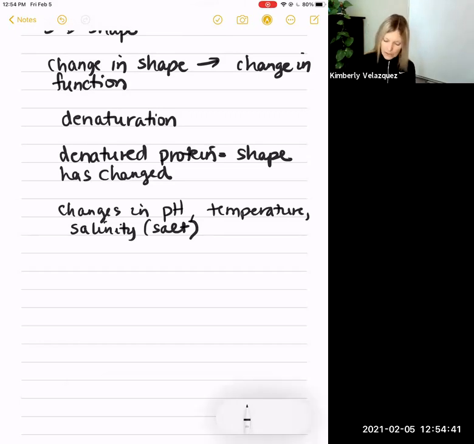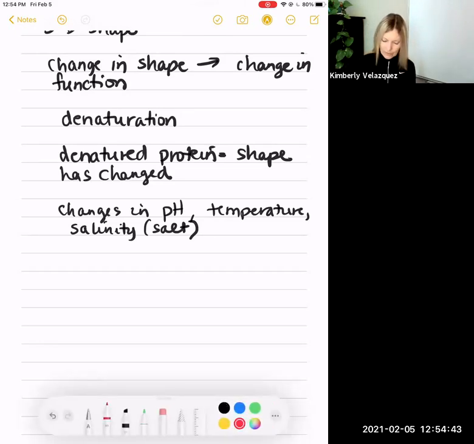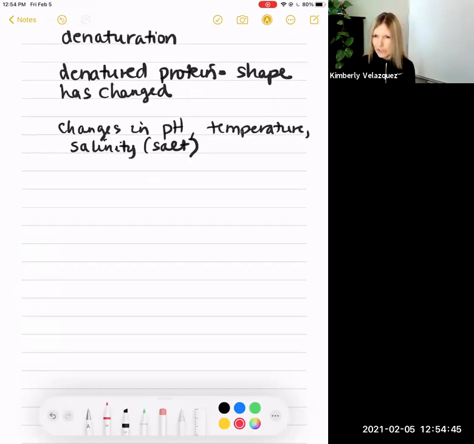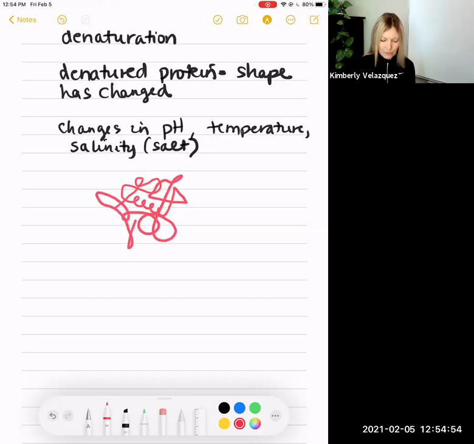Okay, so let's just draw an illustration of a pretend protein shape. So this is a protein. Every protein is a chain of amino acids, and it's going to have a very specific way that it folds into this three-dimensional shape. Okay, so this is a protein, and that's its three-dimensional shape. A change in pH is going to change the shape of that protein, and it's probably not going to function correctly anymore once that shape changes.